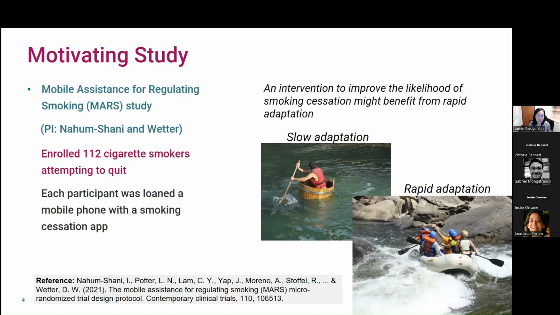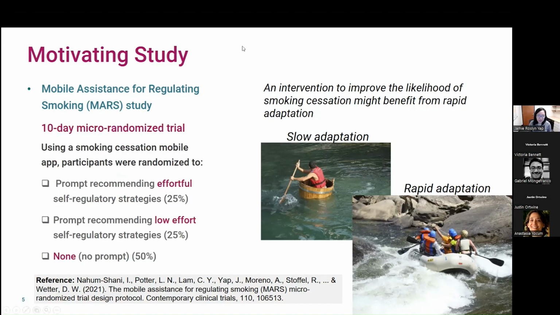But remember that stress can fluctuate quite rapidly over the course of a day. I might be stressed in the morning between the hours of 8 to 10 a.m., but maybe after I've had lunch, and I've had a really good lunch, by the time 2 p.m. comes by, I'm not stressed anymore, and maybe that would be a good time to intervene.